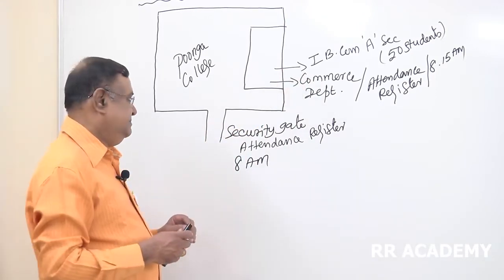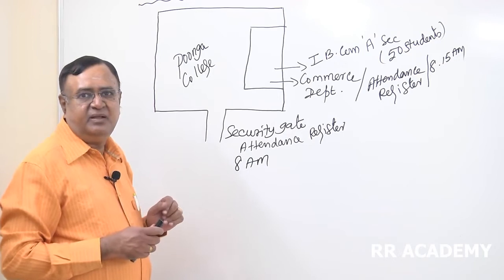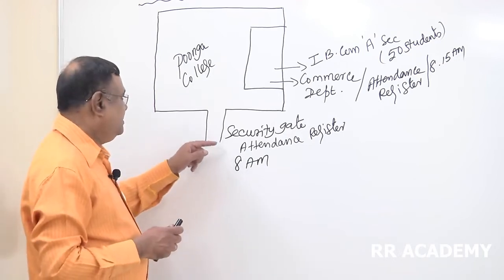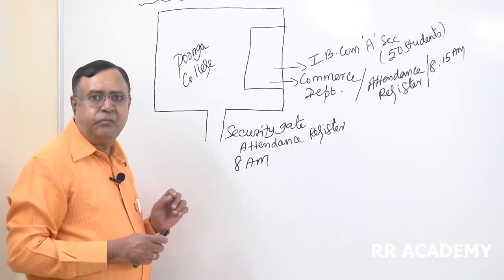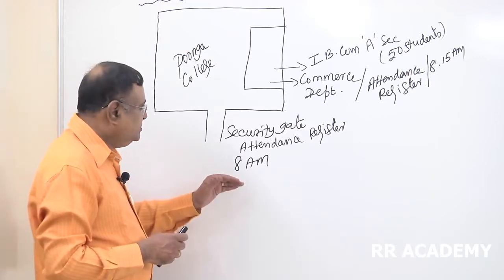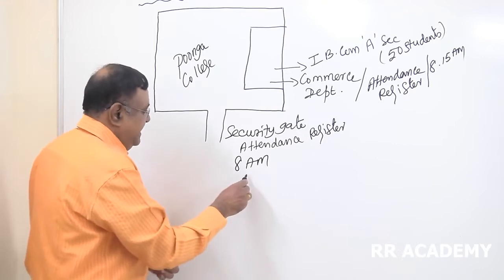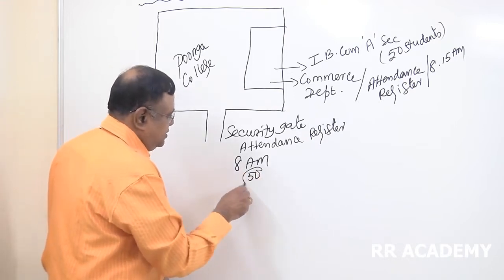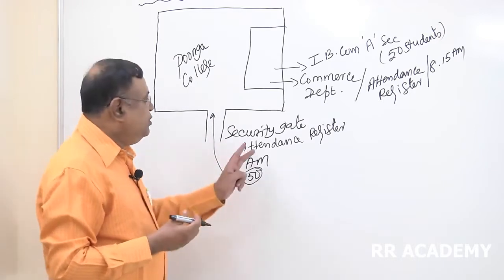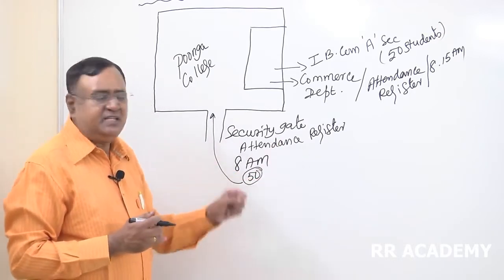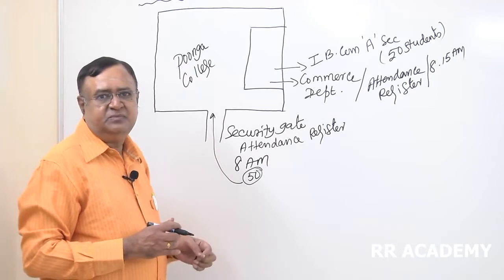The college gates are opened, 50 students enter the college gate. The security attendance register says 50 entered. Fine.